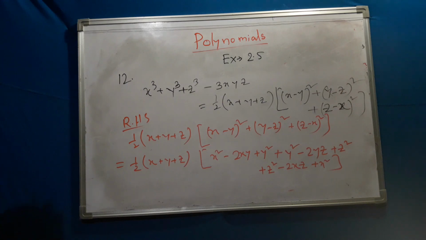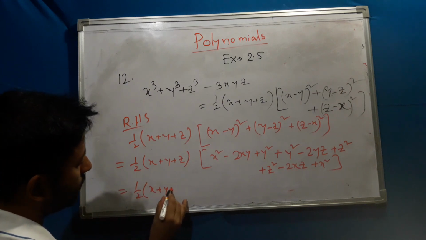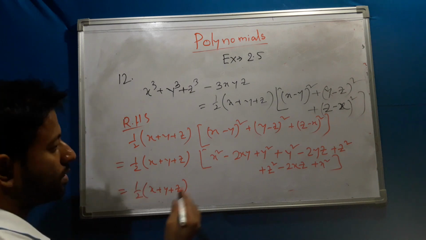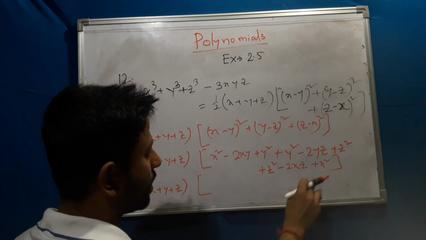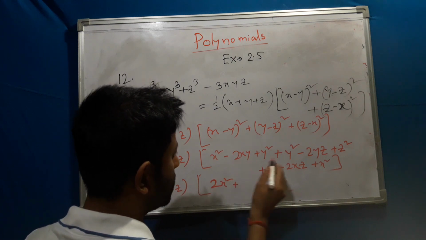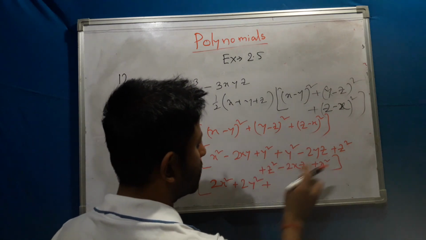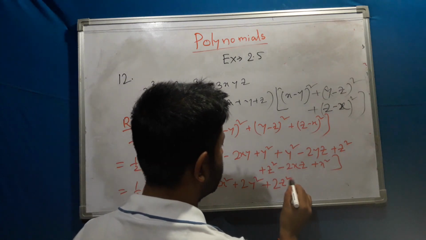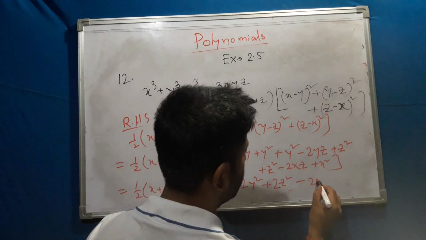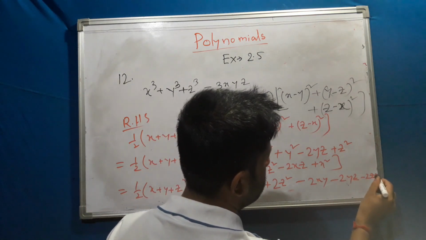Okay, now half of x plus y plus z, then you see here x square and there is another x square, so this comes 2x square, similarly 2y square, and 2z square, minus 2xy minus 2yz minus 2zx.